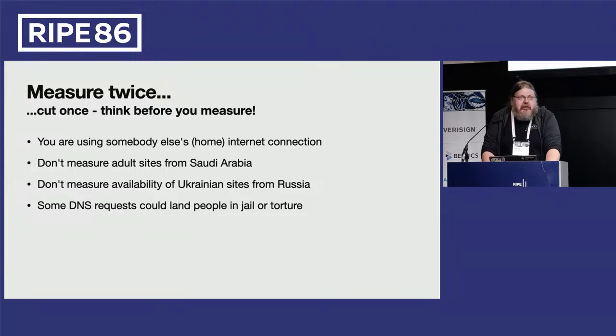Or measuring availability of Ukrainian sites from Russia is also something you should probably not do, because this will get a lot of people in trouble fast. And you're using somebody else's internet connection, or maybe even their home internet connection, because a lot of people have probes at home. And yes, some DNS requests could land people in jail, actually. So think twice before you measure.